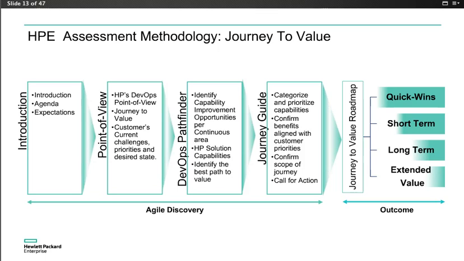It's not a project that shows you a plan for 1, 2, 3 years that you have to follow, and after these 3 years you will be mature enough to say that you are a DevOps company. No, journey to value is mostly focusing on the outcomes that we call quick wins or short term, that give the customer an immediate benefit.